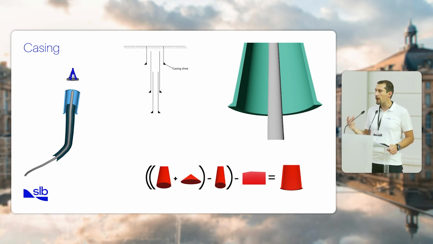And geologists are very attached to this representation, so we have to keep it in the 3D visualization. But once we have a recast framework, we can easily do a CSG, constructive solid geometry, using interval arithmetic to compute more complex shapes. For example, here, if we do a union between a cylinder and a cone, then subtract a smaller cylinder to create the tube, we have the casing.